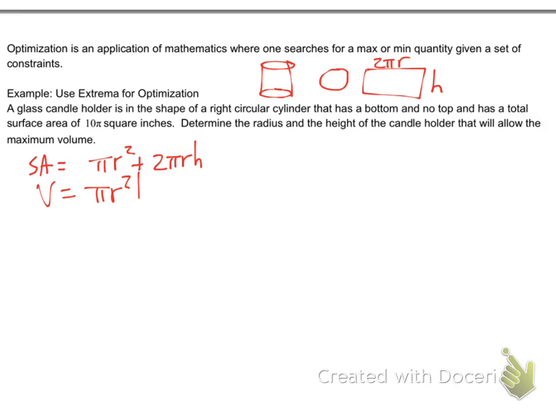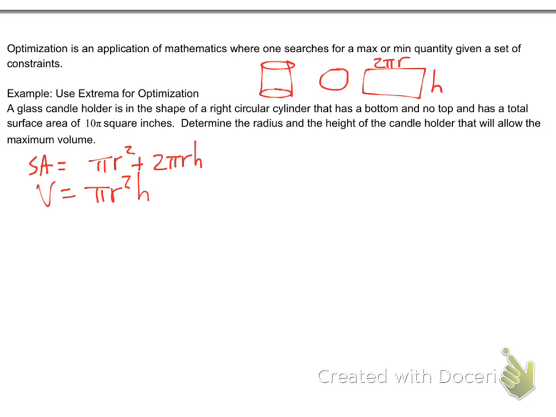Pi r squared h, because pi r squared is the area of the base, and h is the height. Area of the base times height, AOB times height, is the volume of anything. If it's a rectangular solid, it's length times width times height, because the base is length times width. It's a rectangle.